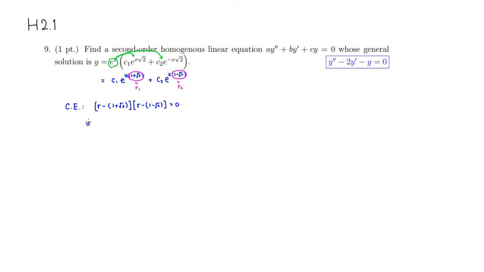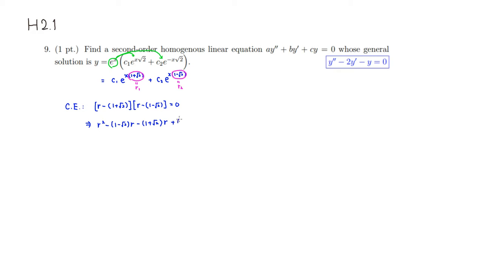So we're going to get R times R gives you R squared. Right, R times negative quantity 1 minus square root of 2 is negative 1 minus square root of 2 R. Right, and this times that is negative quantity 1 plus square root of 2 R. Right, and then the last one is quantity 1 plus square root of 2 times 1 minus square root of 2, and negative times negative gives you a positive.